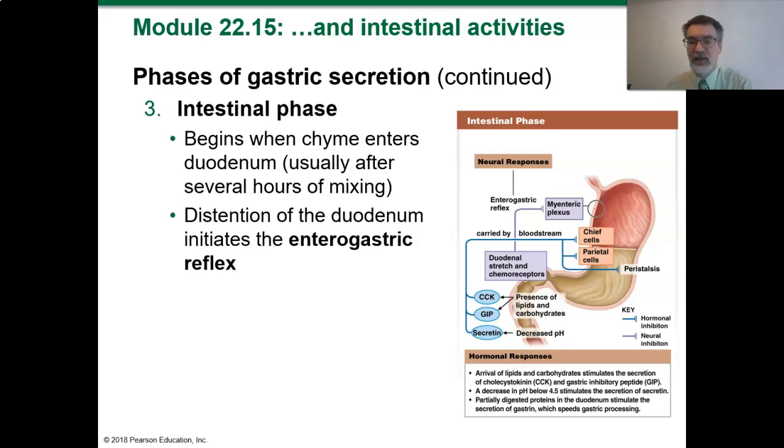And again, if we sense our chyme has been efficiently digested, we can stimulate more relaxing of the pyloric sphincter and allow more chyme to enter.